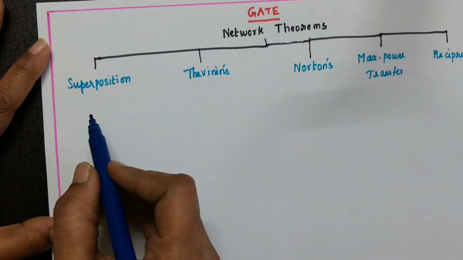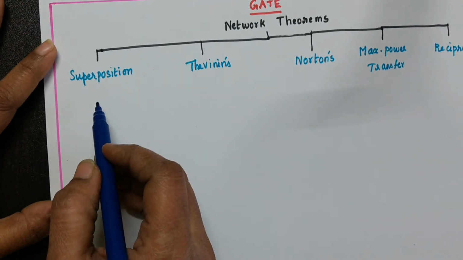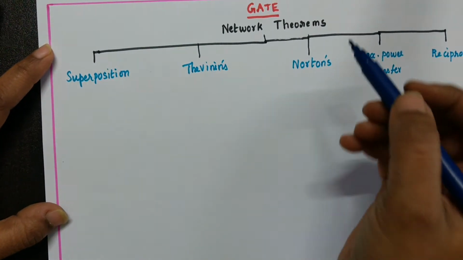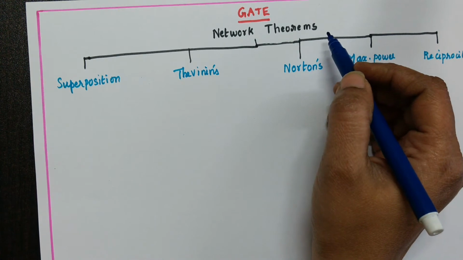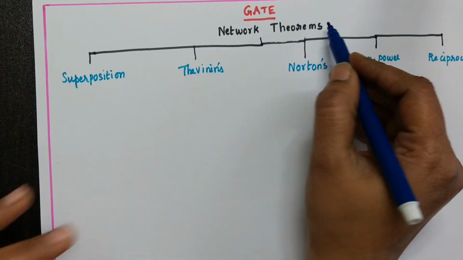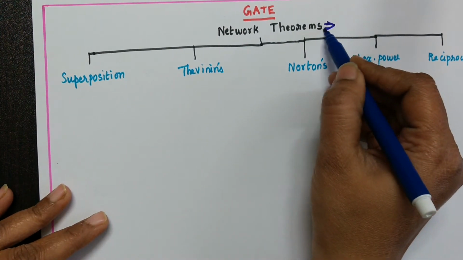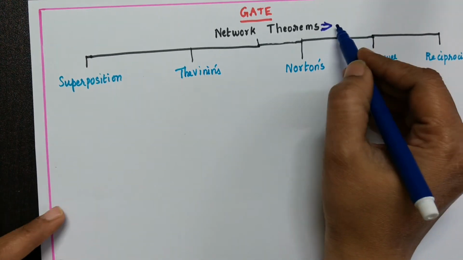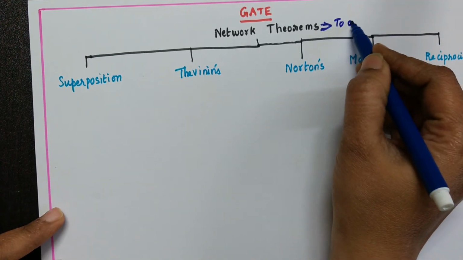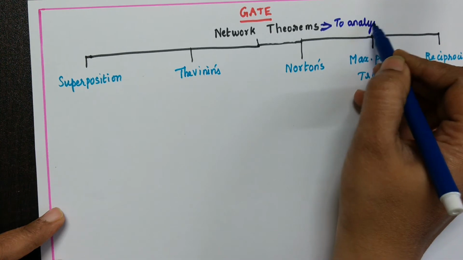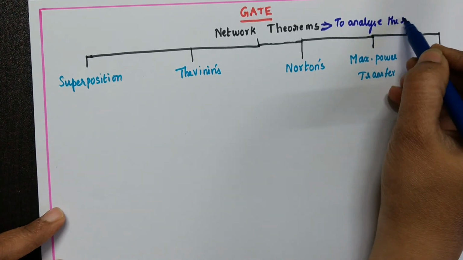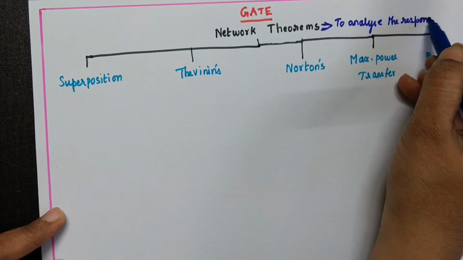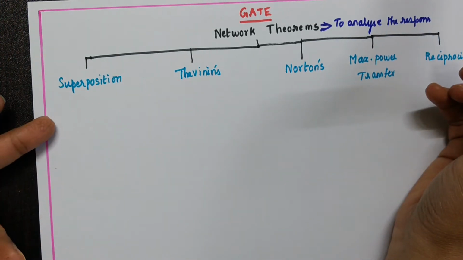First, let me discuss the basic concepts of superposition theorem. Before that, we have to know what is the use of theorems. These theorems are methods to analyze the response of a network which contains multiple sources.